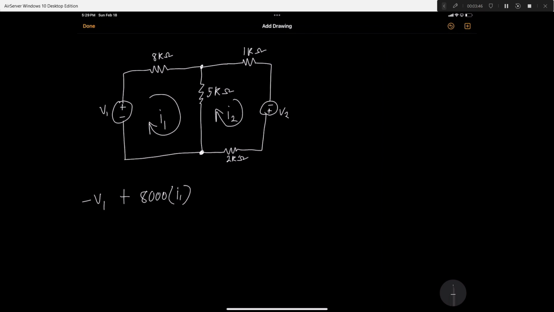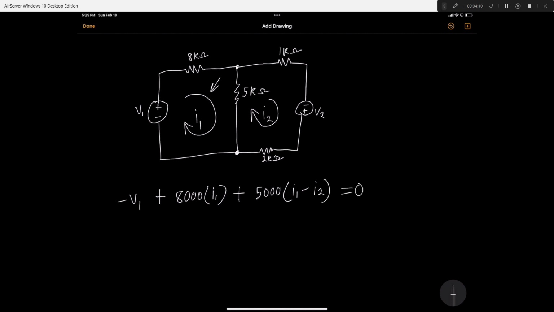Again voltage is R times I. Resistance is 5,000, and the current is I1 minus I2, because we're doing the analysis in I1, is equal to 0. And that's for mesh I1.